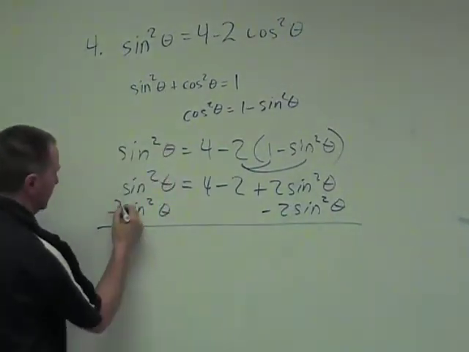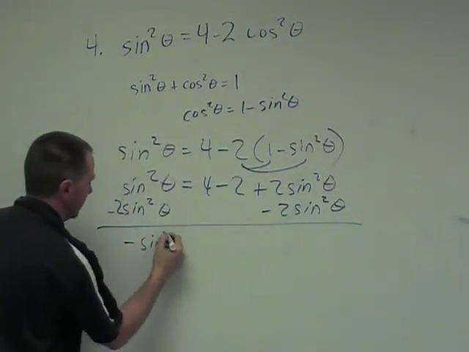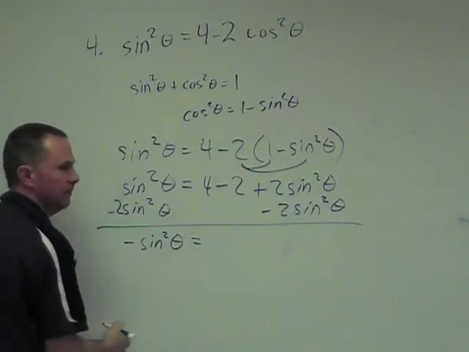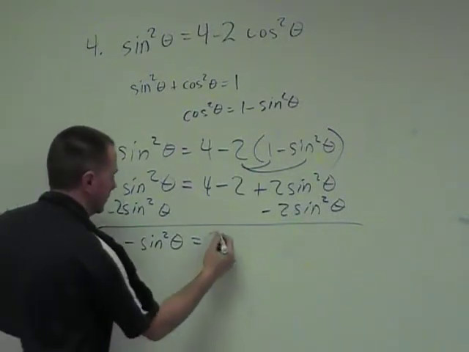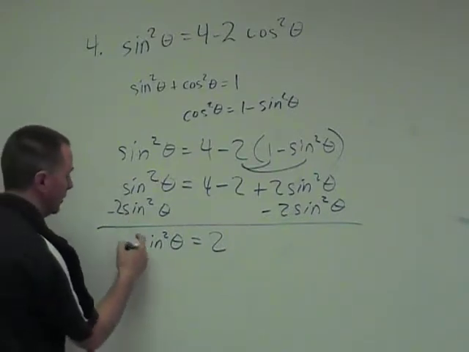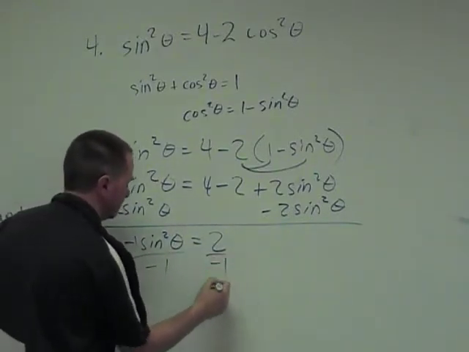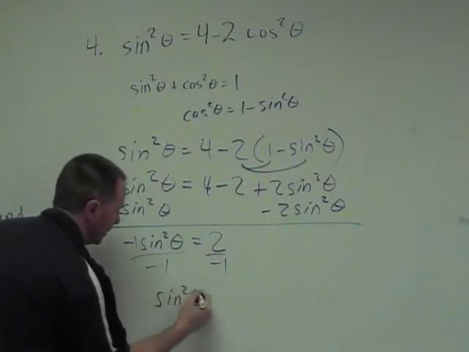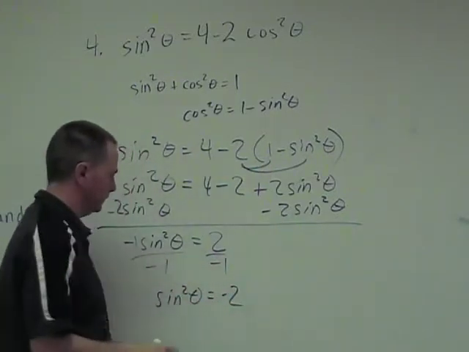And I get minus sine squared of theta equal to what? 2. Divide off -1. Sine squared of theta equals -2.